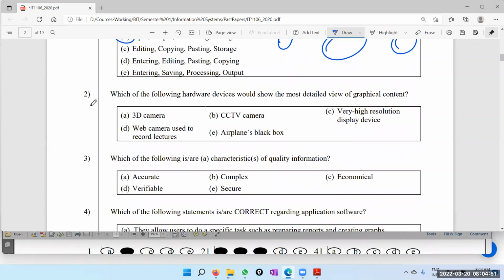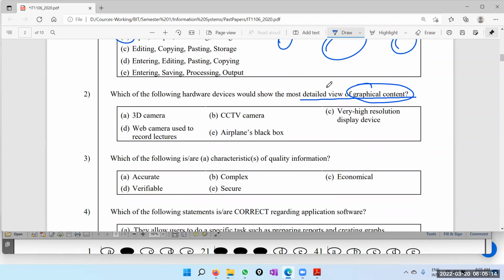Now these are the fuzzy and debatable questions now coming up. Which of the following hardware devices would show the most detailed view of the graphical content? Most detailed view means high resolution, basically. Graphical content.